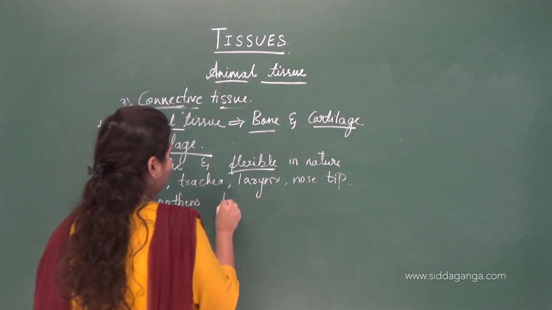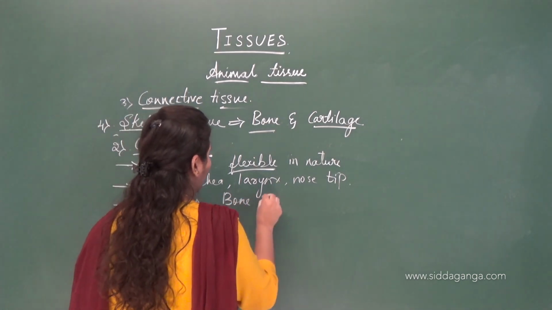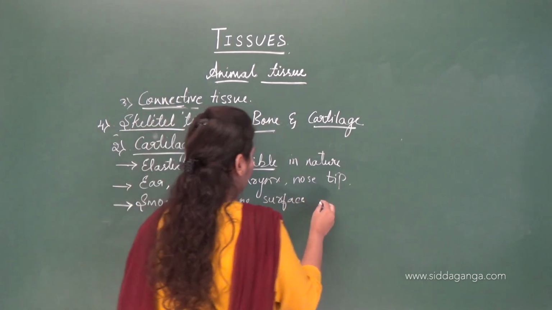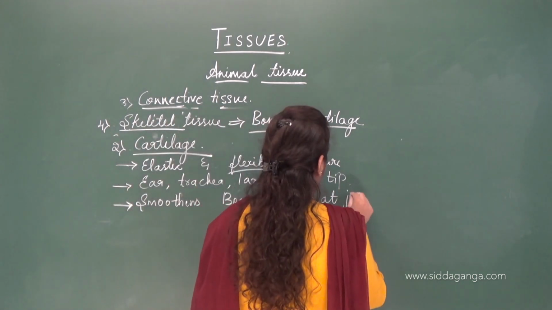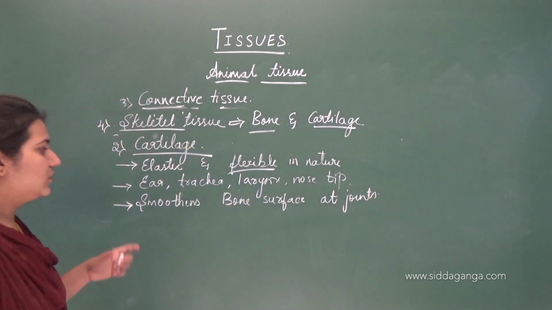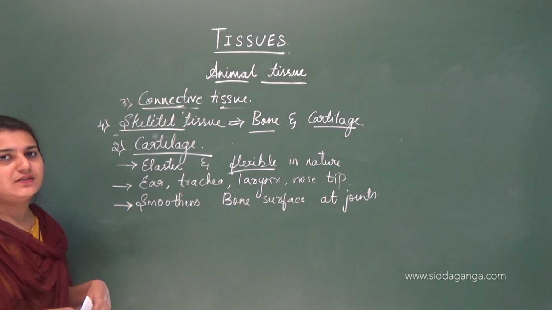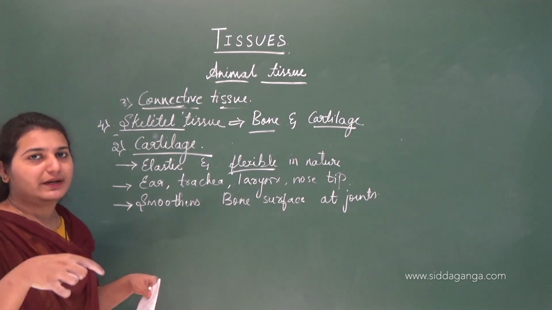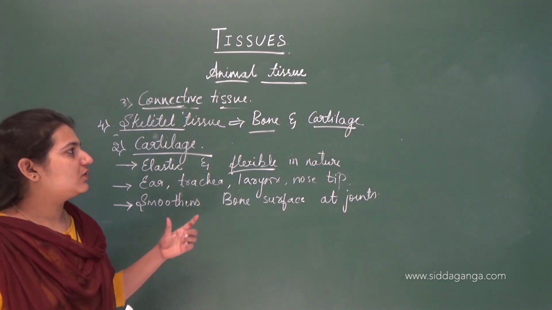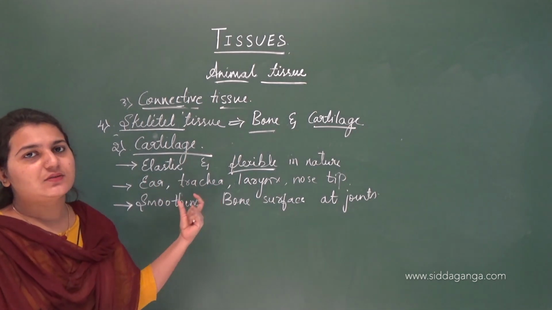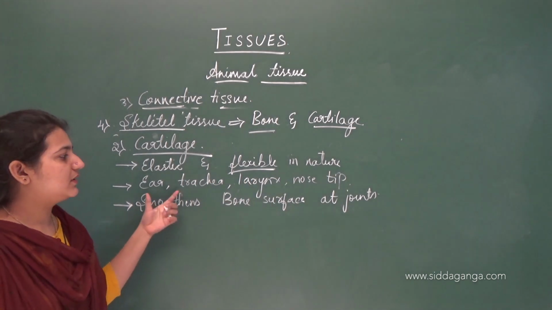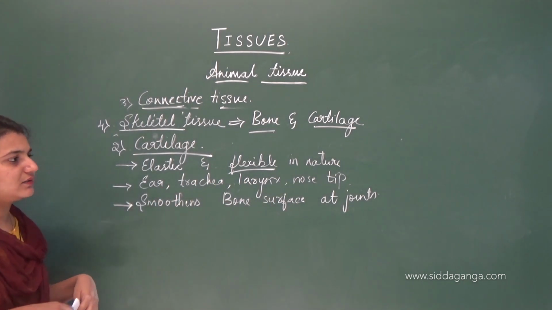This cartilage also smoothens bone surface at joints. At the joints, you can bend your knee, you can bend your hand, because of the presence of cartilage which smoothens the bones at the joints. It is also present in ear, trachea, larynx and nose tip.